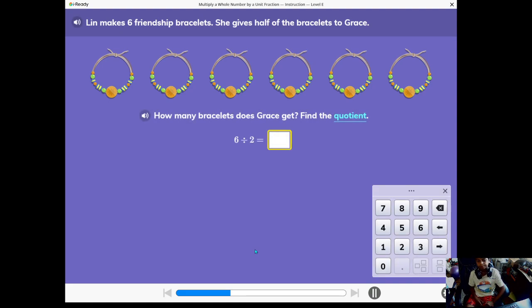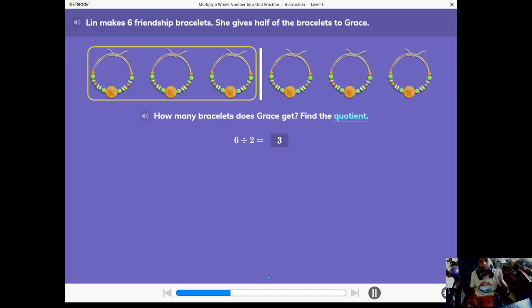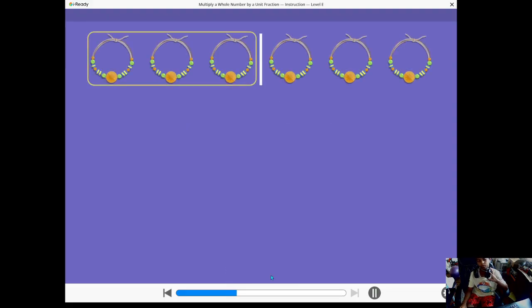Find the quotient. 3. Grace gets 3 bracelets. Look at the 2 equations you just solved. 1/2 times 6 is equivalent to 6 divided by 2. Both ways show that Grace gets 3 bracelets.